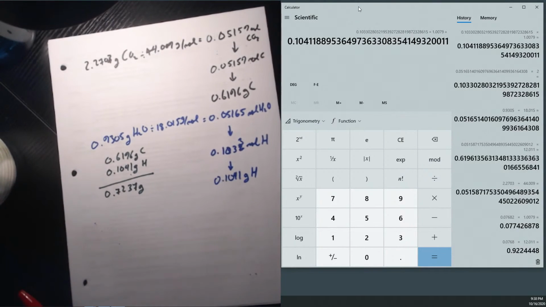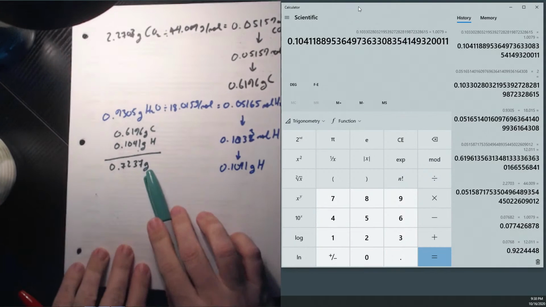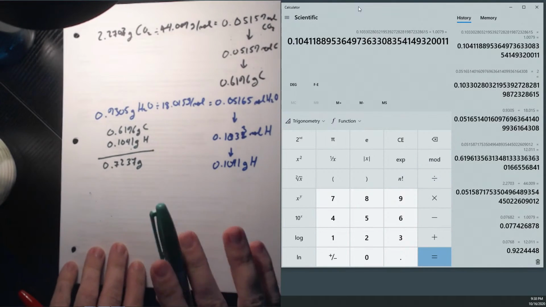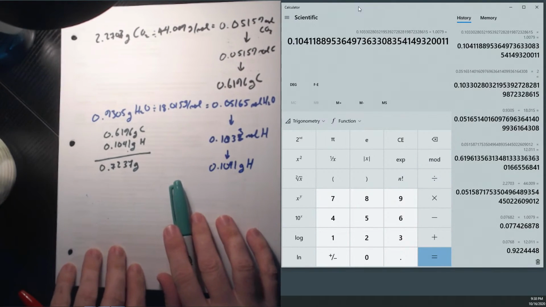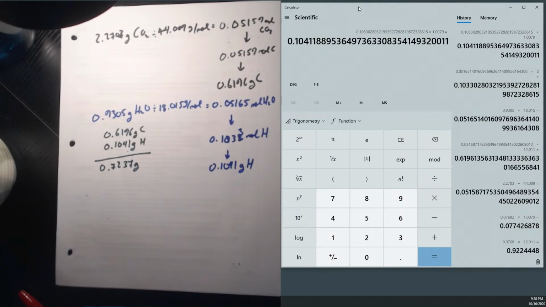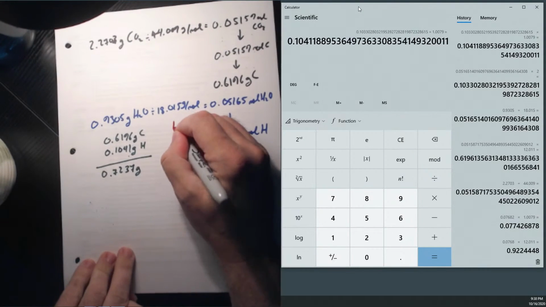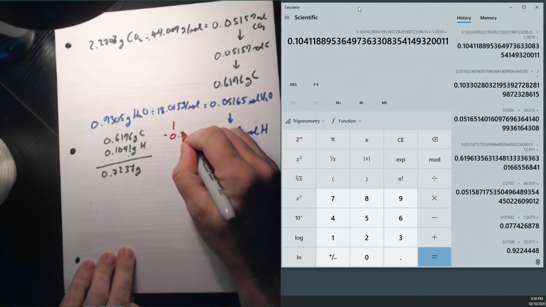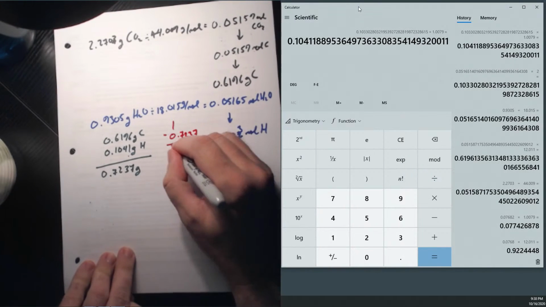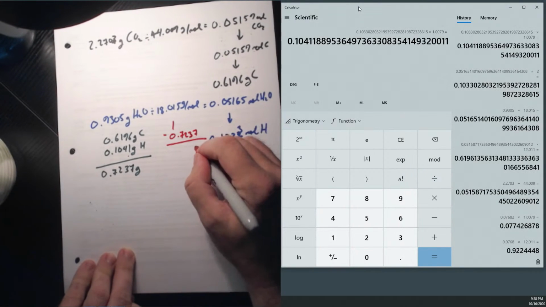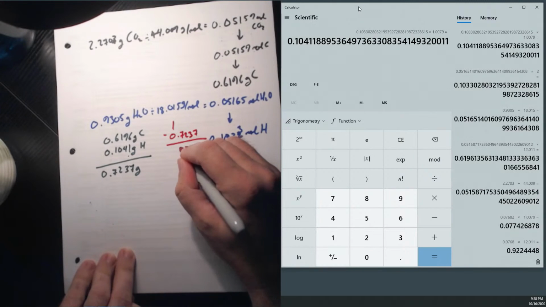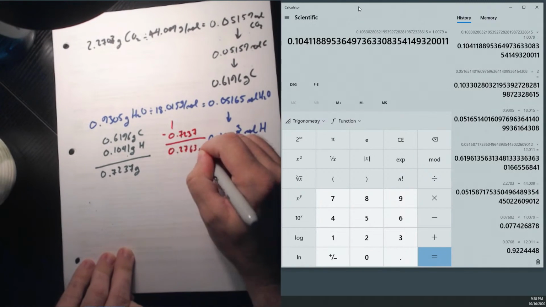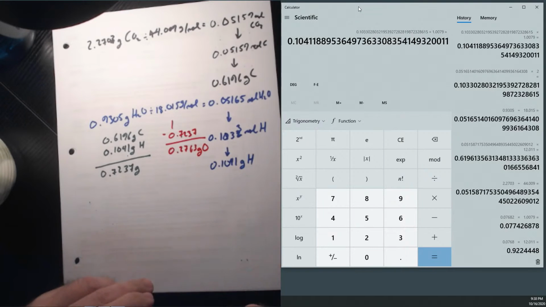We started with 1 gram, which means we are missing some material. We have hidden oxygen in this particular compound. So how much oxygen do we have? Well, that's 1 minus 0.7237, 0.2763 grams of oxygen.